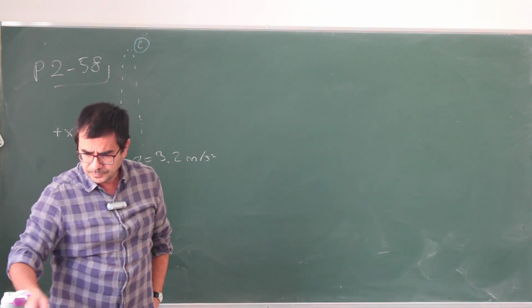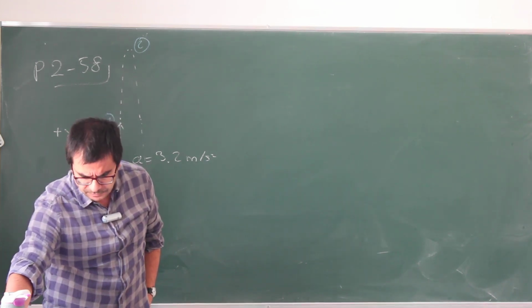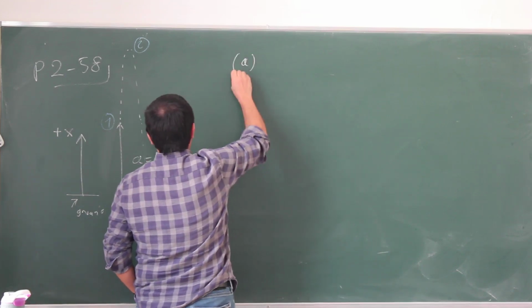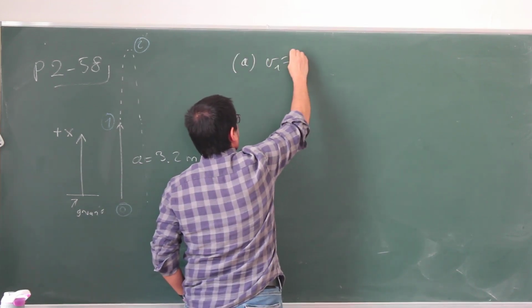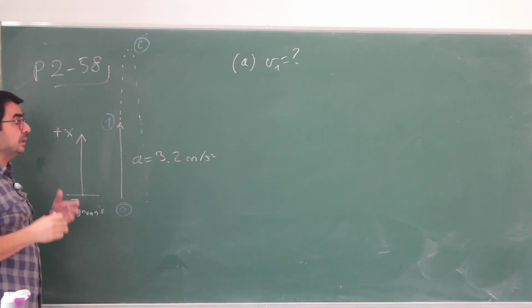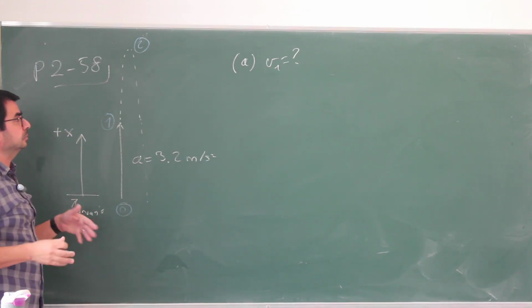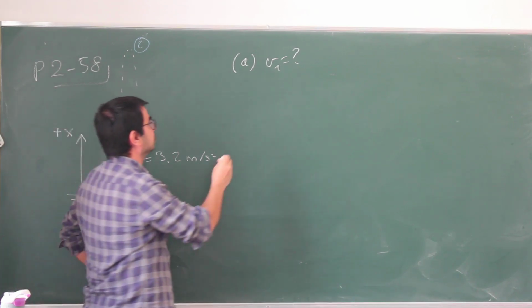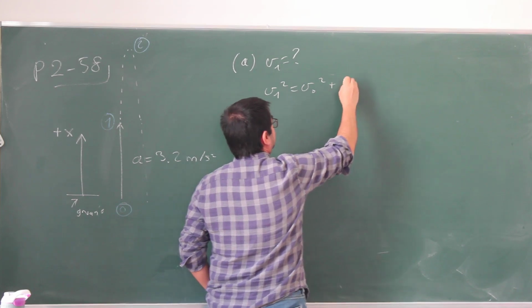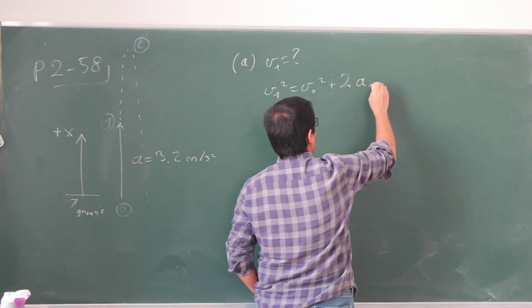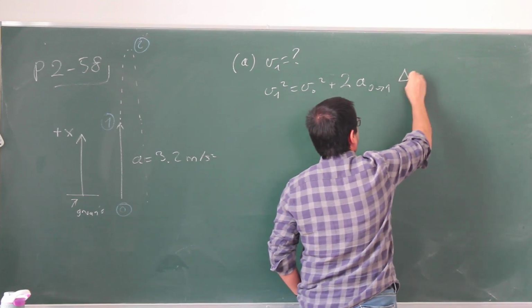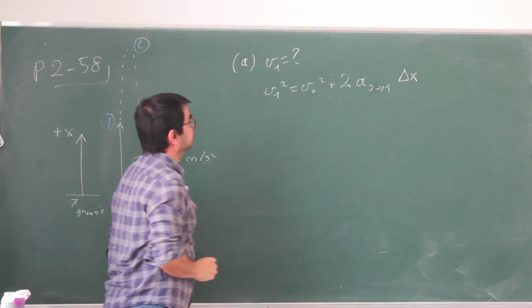Now for part A, they're asking, what is the velocity of the rocket when it runs out of fuel? So for part A, they're asking what's v1. Essentially, v0 is 0, and so on. Now here, they're not asking about time, so the first thing that comes to my mind is to use the timeless formula, as I said many times during the lecture, from 0 to 1, because there are two different accelerations here, and some delta x.